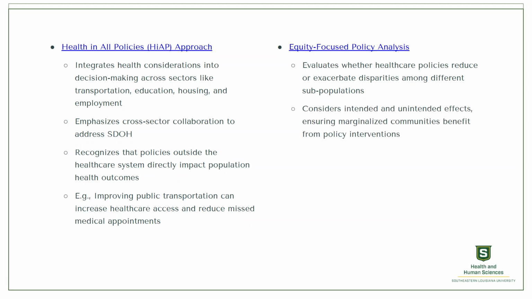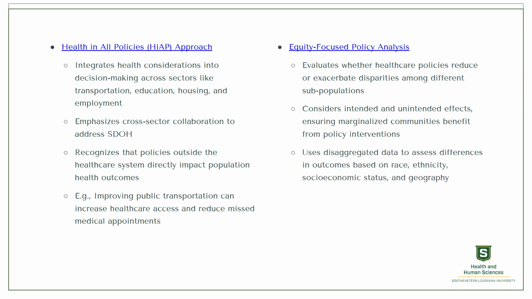So it considers both the intended and unintended effects of policies, making sure that marginalized populations are benefiting from health interventions or policy interventions. It uses aggregated data to assess differences in outcomes between different subpopulations to see in what ways the policies are affecting them, because the policies may be great for the general population, but for the subpopulations it's really harming them, or it's doing more harm than good.